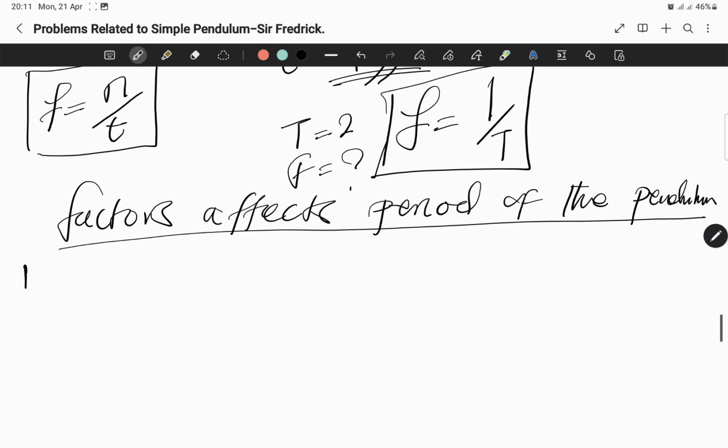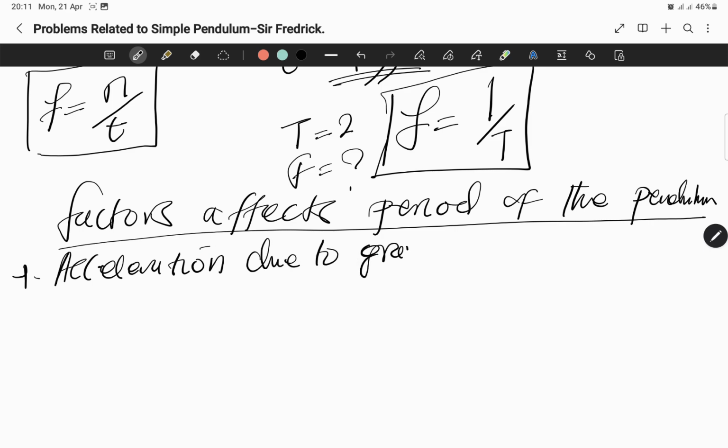Okay, so the first factor is acceleration due to gravity, or just the gravitation force.